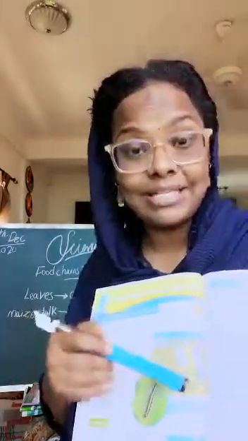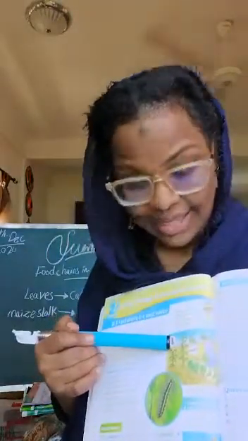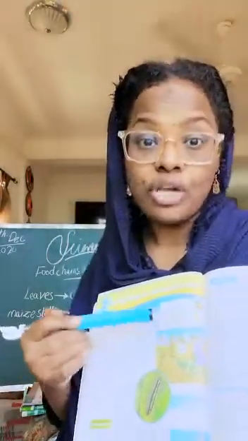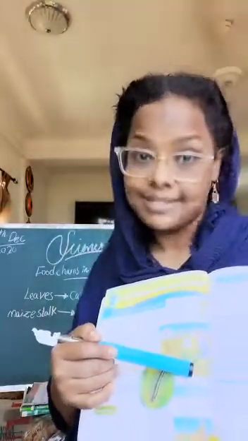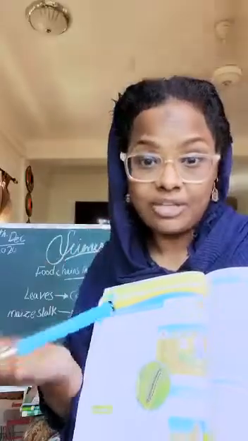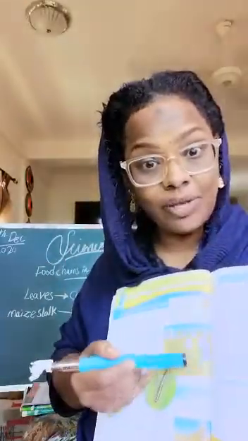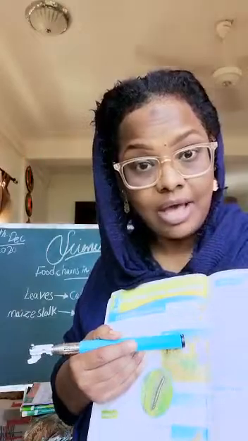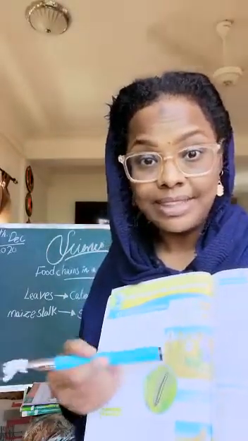Who eats these plants in this habitat? We have the caterpillar and the maize borer, which eat these plants to live and to survive. There is a feeding relationship between the spinach and the caterpillar, and between the maize and the maize borer.